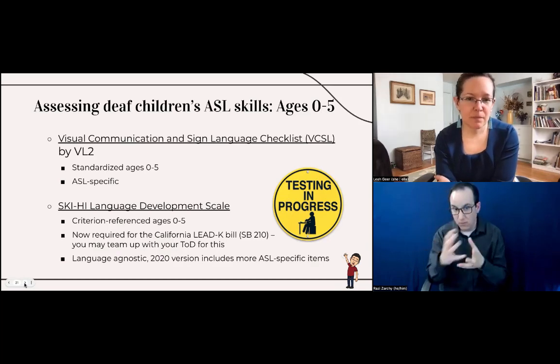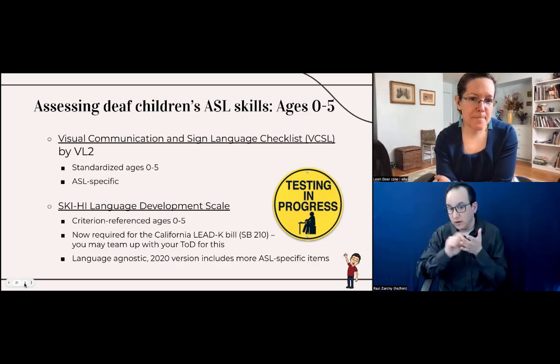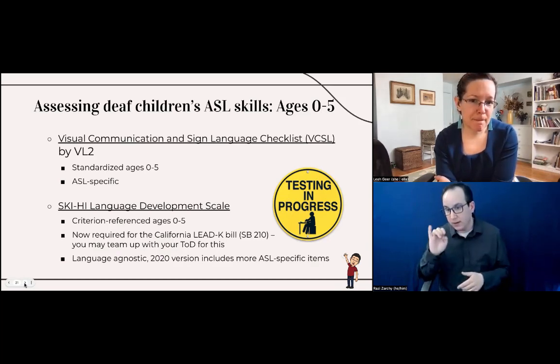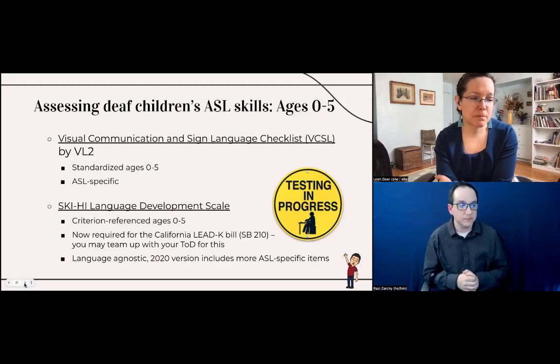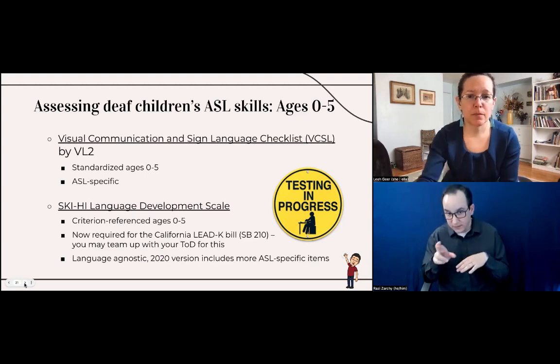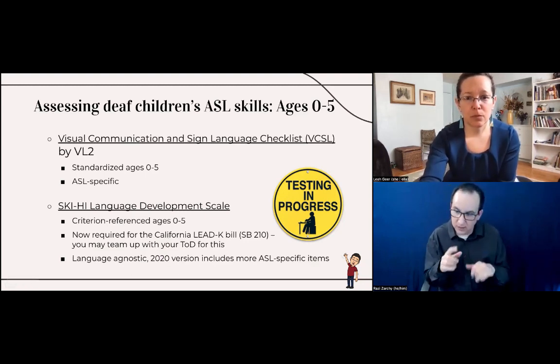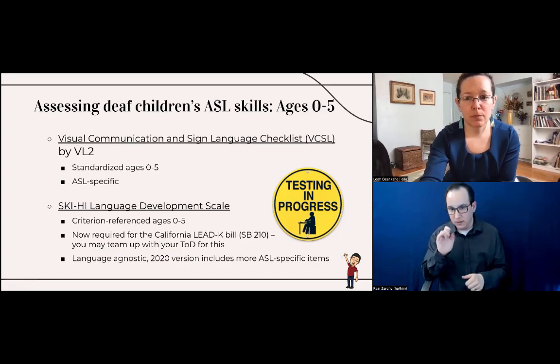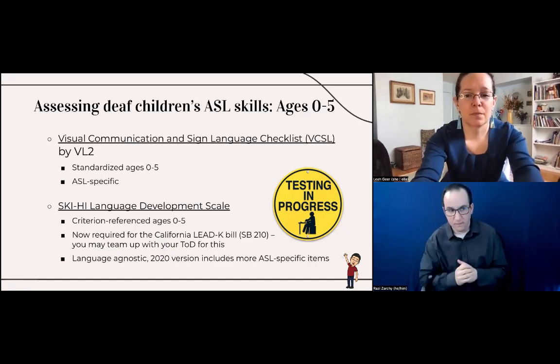So it can give you a lot of information if you're writing an IEP or IFSP for goals and whatnot, you can use this. The second one on the list here is the Sky High Language Development Scale. And the criterion reference is for ages. It's not standardized, but it is from birth to 5.